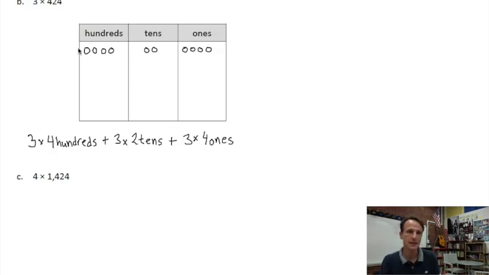All right, so now let's go ahead and do, with the place value disks, that multiplication.